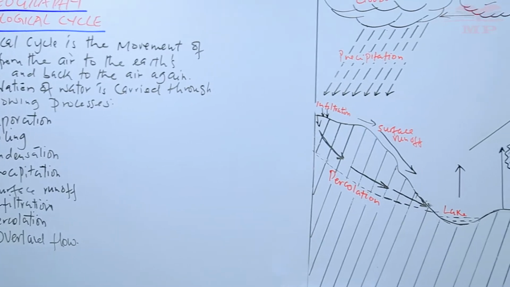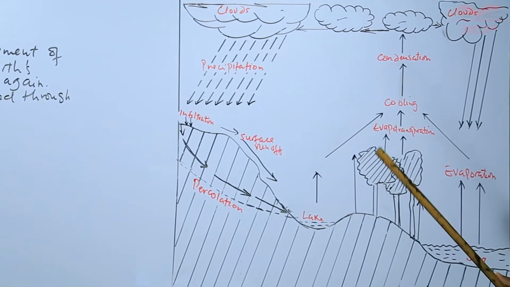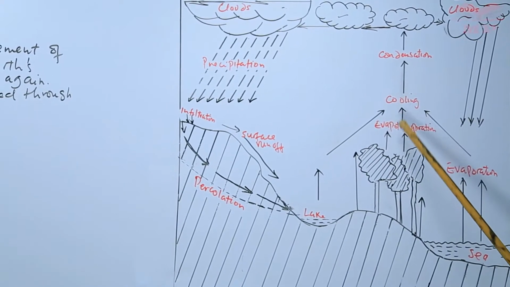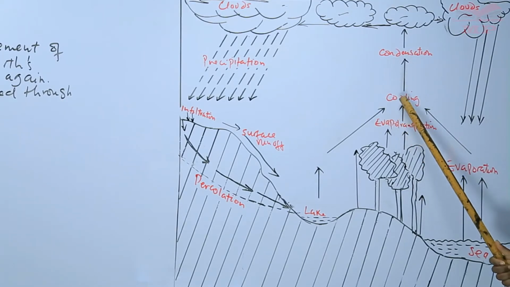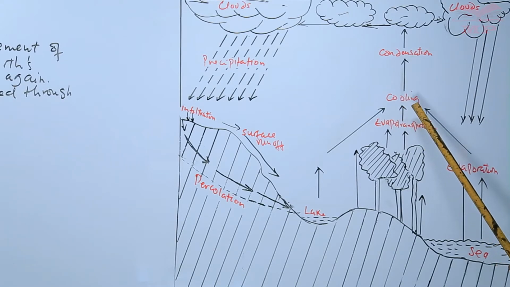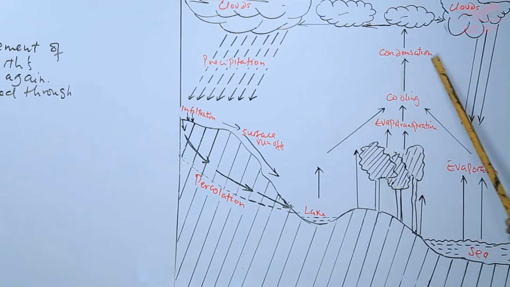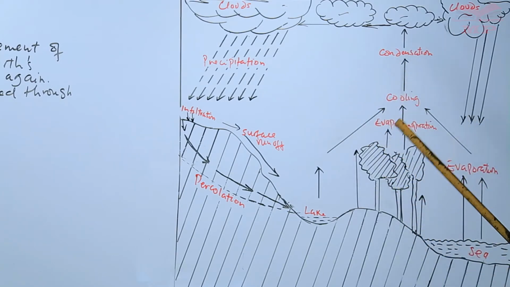Cooling, learners. As the water vapor rises into the atmosphere, it expands and cools because of the reduced atmospheric pressure in the upper layers of the atmosphere.